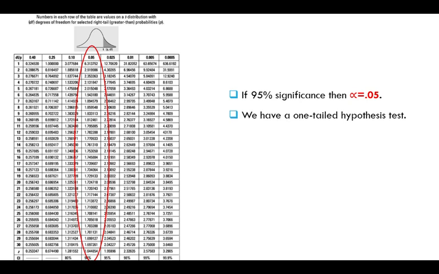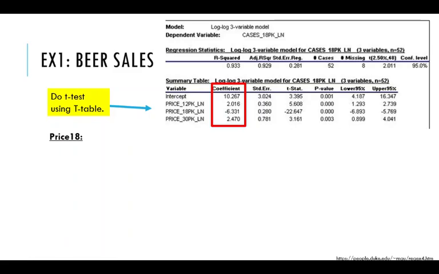So again, I don't have to do anything because this is a one-tailed test and my table is set up for a one-tailed test. So we have 48 degrees of freedom, and so I'm going to use the closest degrees of freedom, which is 30, and we have a critical t of 1.697. So that's where I got that from.